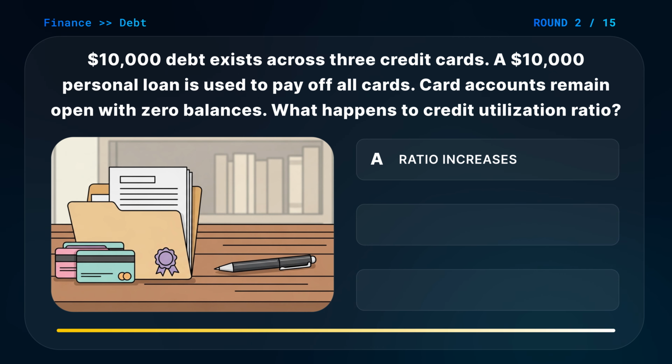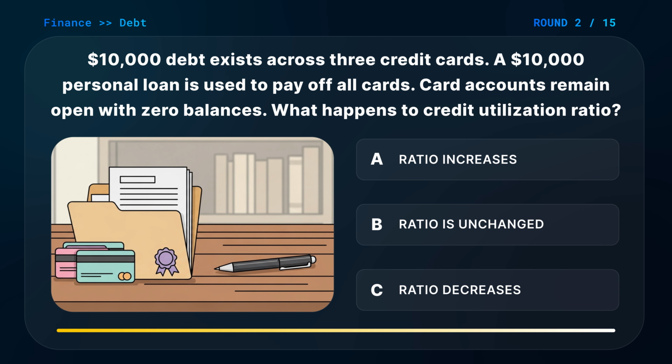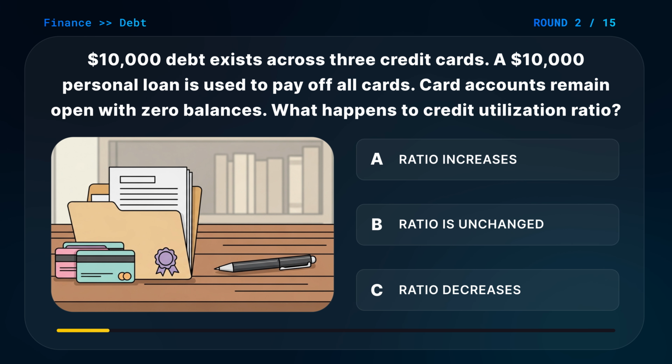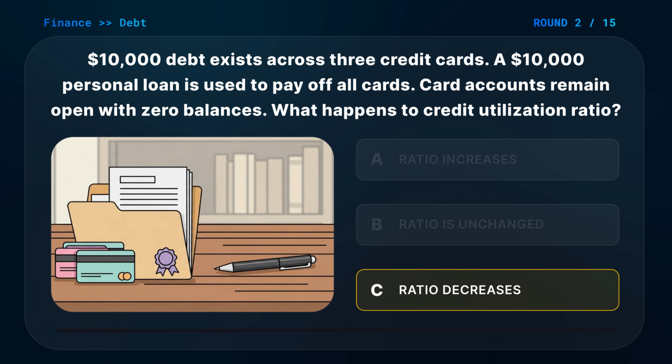Is it A, the ratio increases because of the new loan, B, the ratio is unchanged because the total debt amount is the same, or C, the ratio decreases because the card balances are now 0? The answer is C. The ratio decreases because utilization only measures revolving balances, not installment loans.